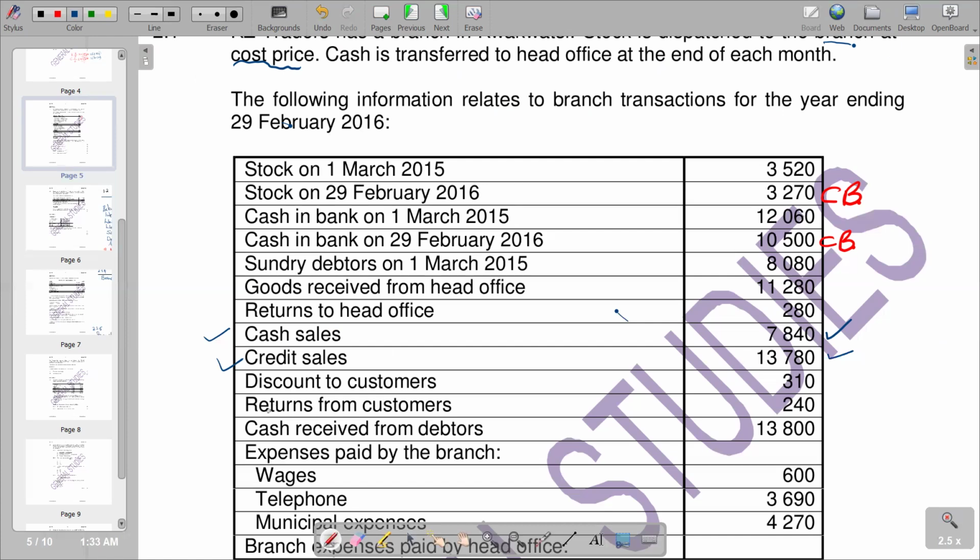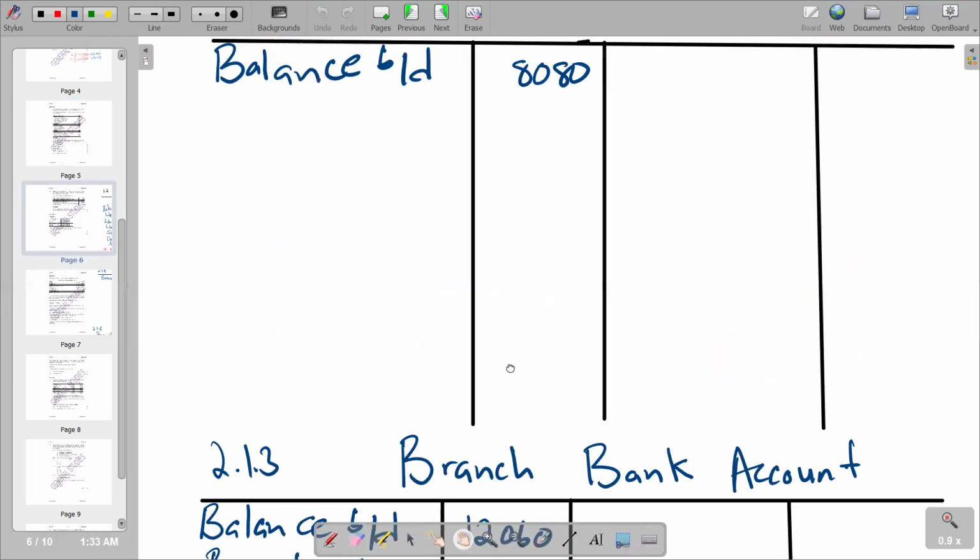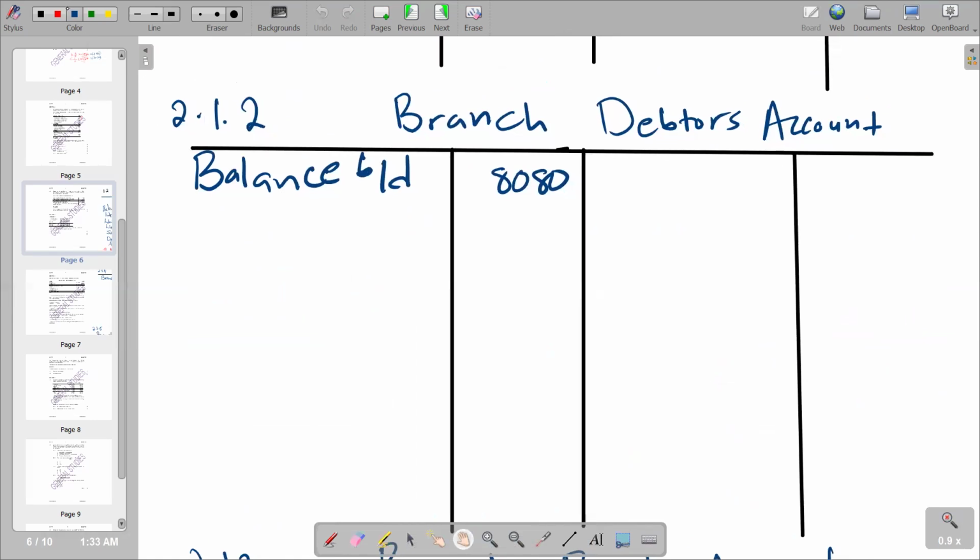So we can start by the one that we are supposed to debit. We are supposed to debit the branch debtors and then credit the branch stock account. So we start by debiting branch debtors. To look for branch debtors. So come here, and then we are saying branch stock. So basically, this is what we have.